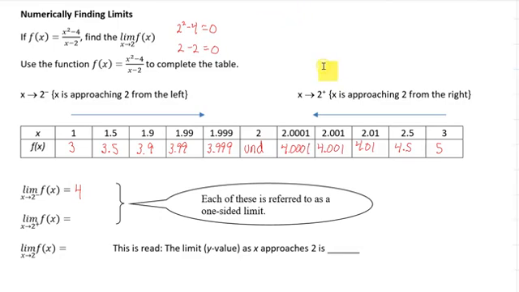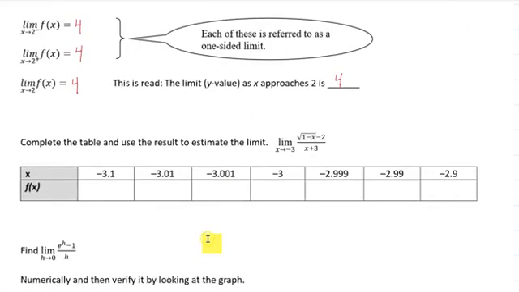So you can see that as x approaches 2 from the positive side, from the right side of 2, these values are also getting closer and closer to 4. These two values are one-sided limits. If the one-sided limits are equal to each other, then we say that the limit, the y value as x approaches 2, is 4.